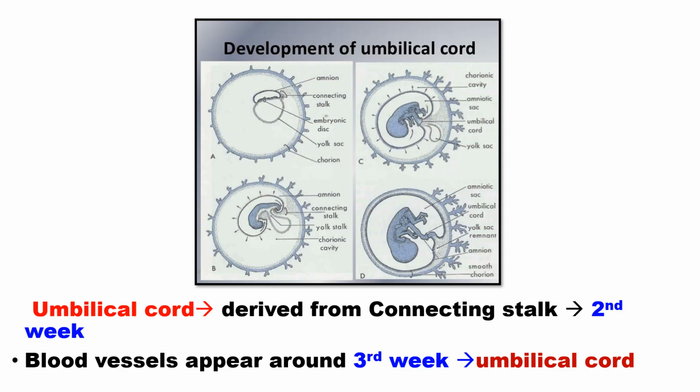Umbilical cord is derived from the connecting stalk, and connecting stalk is formed at the end of second week of development. When blood vessels appear in the connecting stalk, that is around third week, connecting stalk forms the umbilical cord. Umbilical cord finally connects the fetus with the placenta.